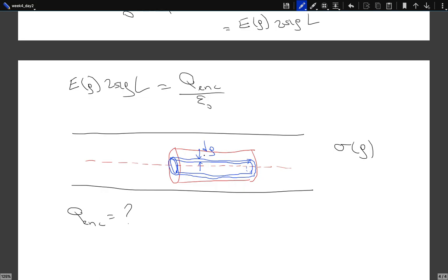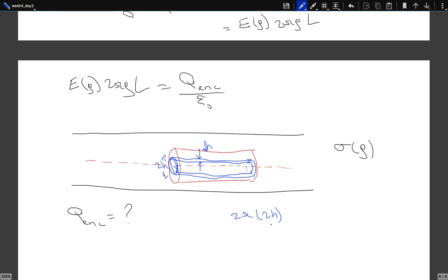What is the volume of that blue cylindrical shell? If its radius is, let me call it h, and the thickness is dh. What is the volume of that cylindrical shell? Well, 2 pi times h. This is the circumference.